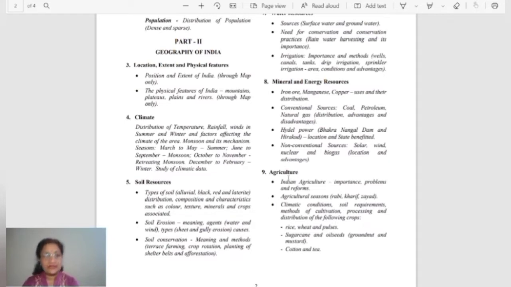All these are in the syllabus, but the second half is not there at all. In the second half, the types of agriculture are mentioned. It is not a part of the reduced syllabus. So you just have to prepare the first half.